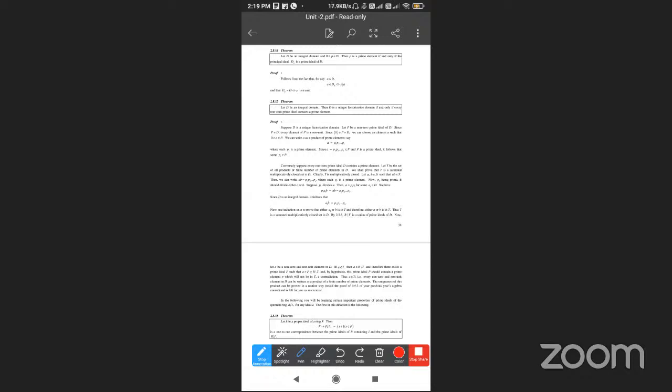So a not equal to 0, a non-unit element belonging to P, can be written as a product of a finite number of prime elements. A is a non-zero, non-unit element, and P is a prime ideal.